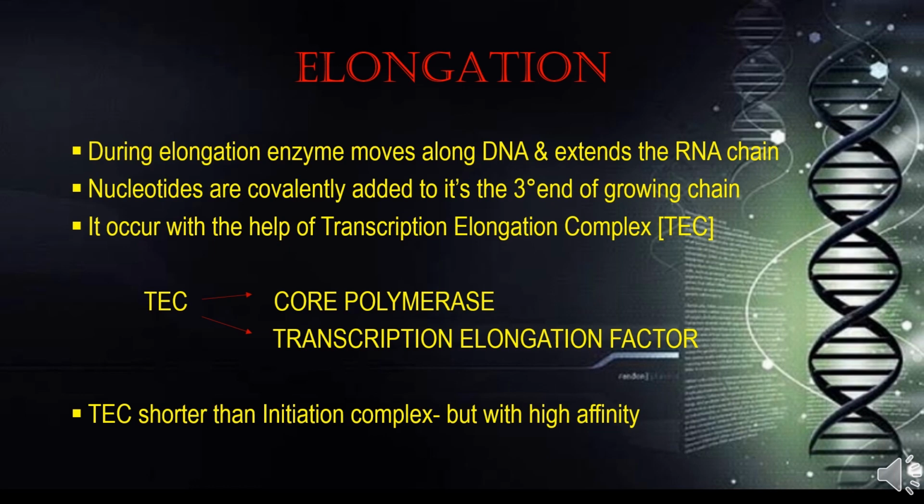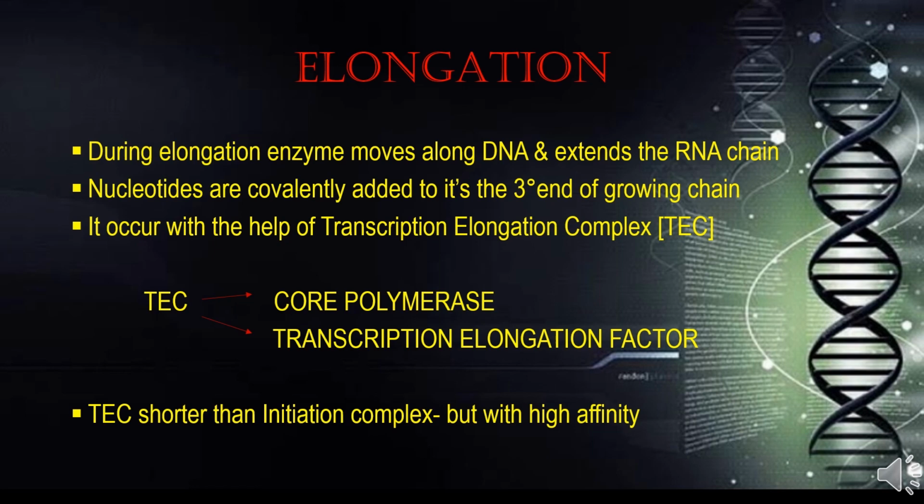Next step, elongation. During elongation, the enzyme, that is RNA polymerase, moves along DNA and extends the RNA chain. The nucleotides are covalently added to the 3' end of the growing chain. It occurs with the help of the transcription elongation complex.